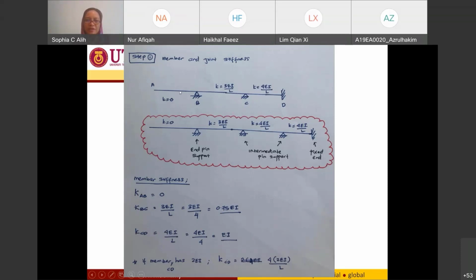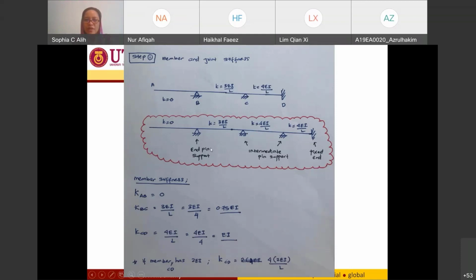So if I have this type of beam, a continuous beam, what you have to remember is that I have already highlighted the guidance for you. The guidance here is that if the member is one end cantilever, then K equals 0, the stiffness equals 0.